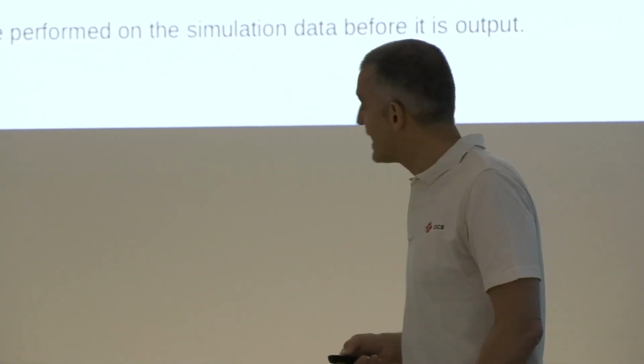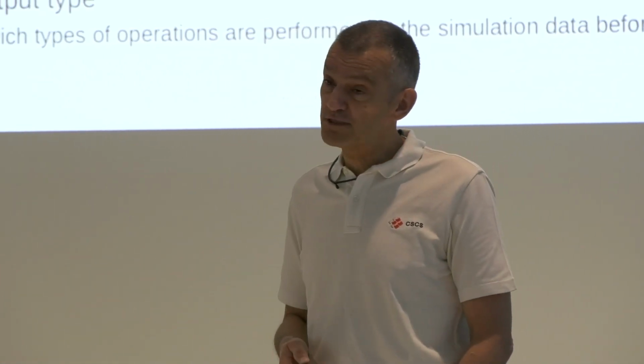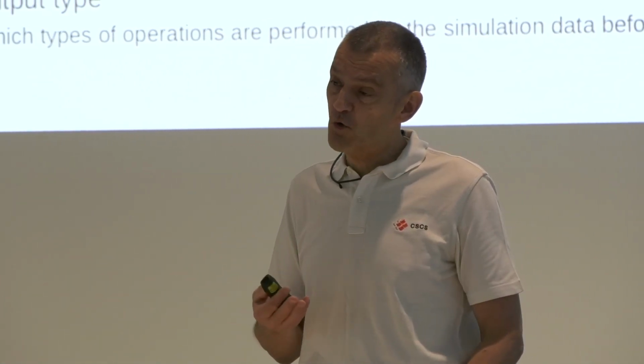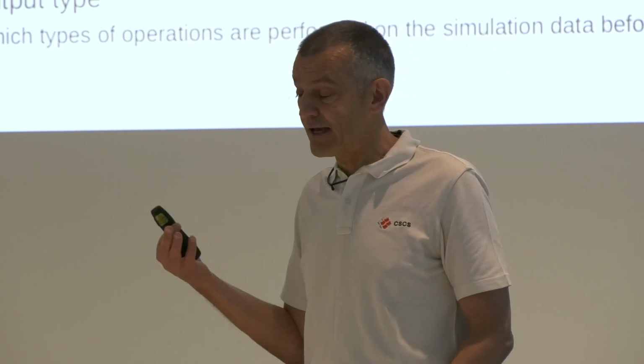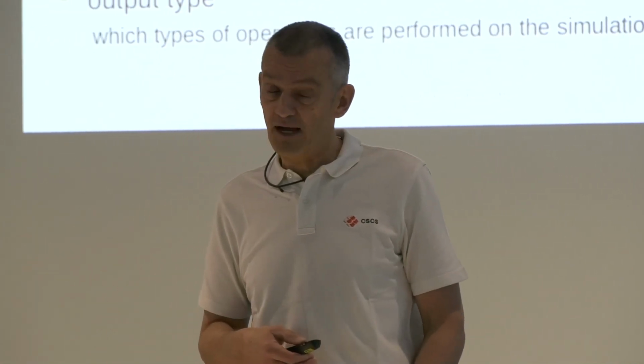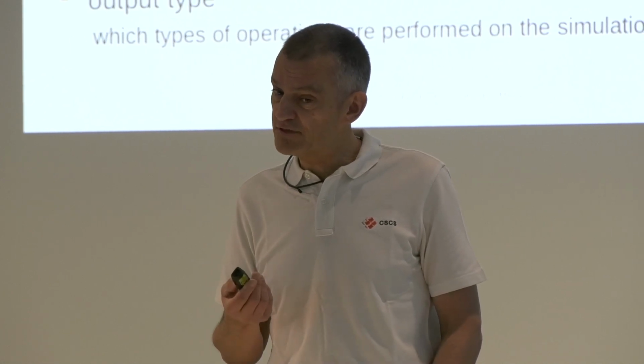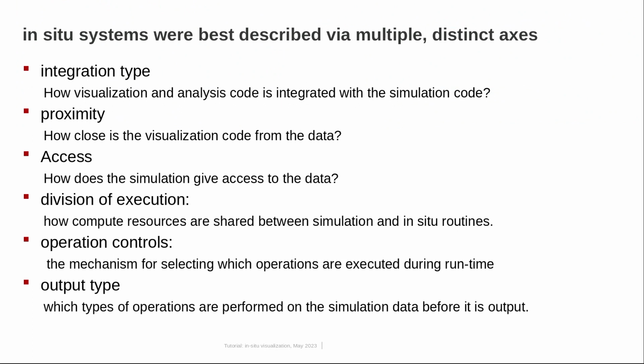And then the output type is also of interest. Do you save images? Do you save derived quantities, derived data? In the example of the isosurface computation, again, do you actually save the isosurface itself as a polygonal object, or do you save images?